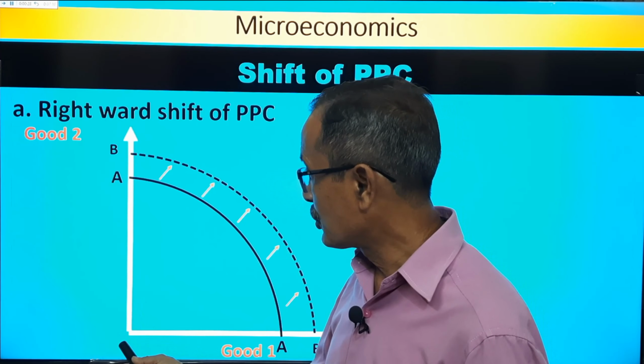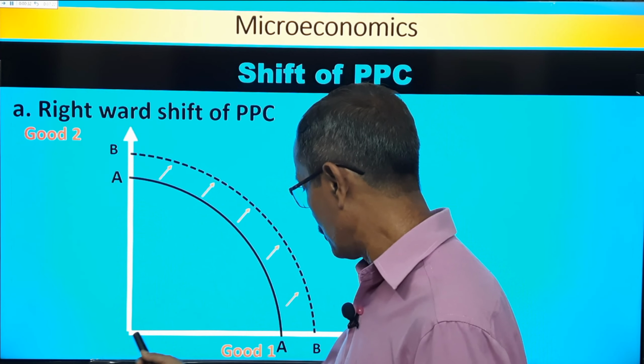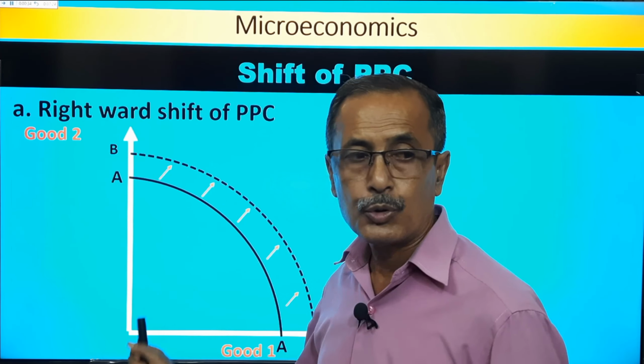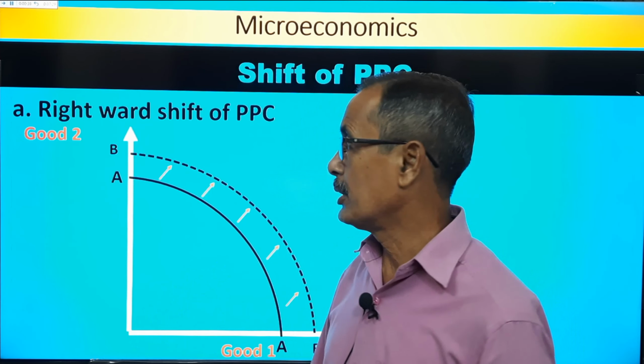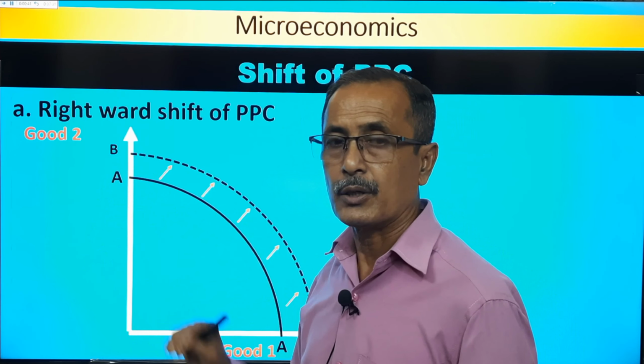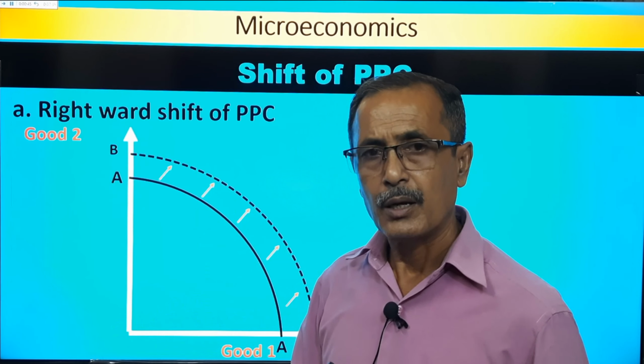Now with that given resource you can produce OA amount of good 1, or OA amount of good 2. Then you can change the combination. You can decrease the production of good 1, you can decrease the production of good 2, and you can increase the production of good 1, right?